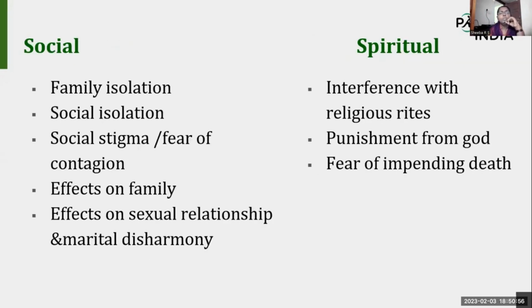So coming to the social problem, family isolation. This is also a major problem. If one person develops this kind of ulcer in a family, the family members can choose a corner side room and keep the patient there.